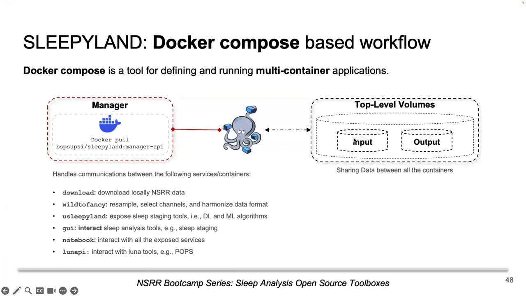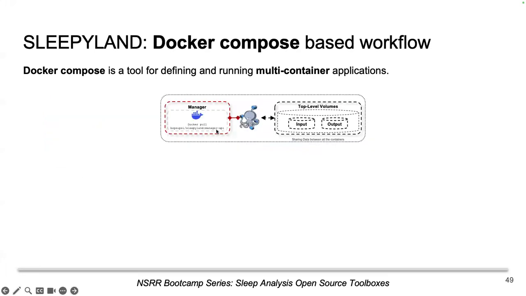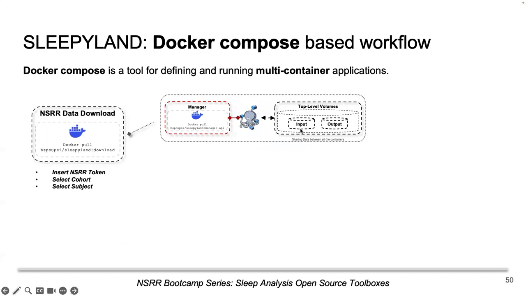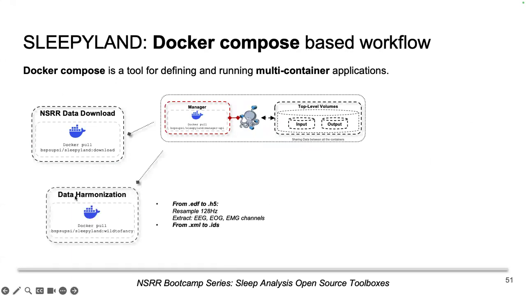So, starting from these two images or two running containers, we decided to develop all the other ones. The one for the data downloading, and the other one for the data harmonization, mainly harmonizing the data. For us, it means resampling, extracting the channels that we need, and of course having a harmonized format. You can imagine that we have different annotation formats from different datasets.